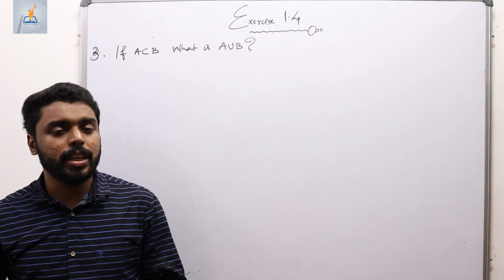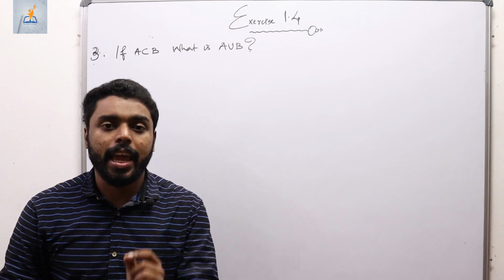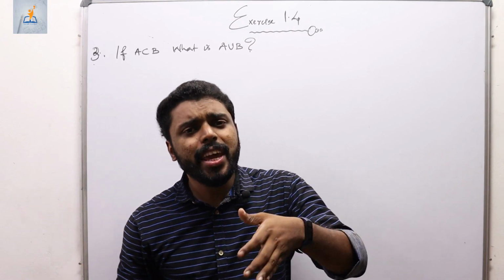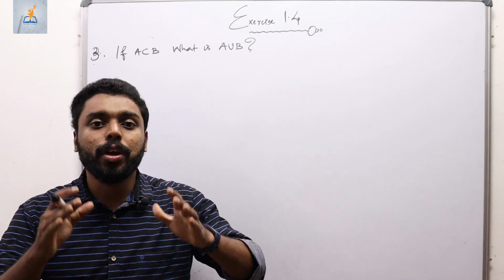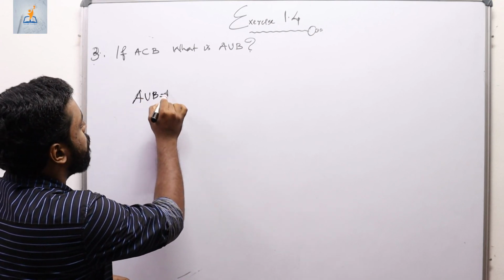Now coming on to the third one, if A is a subset of B, what is A union B? We know that whenever A is said to be a subset of B, every element of A is there in B also, isn't it? Therefore, A union B will be actually what? B itself.